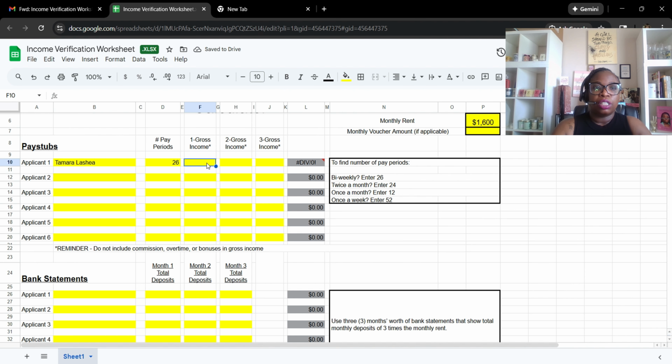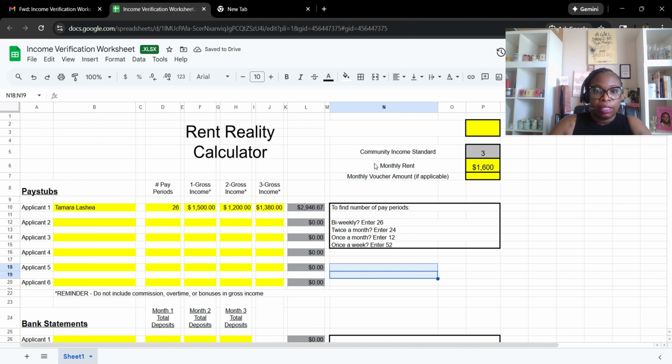Her first check is going to be $1,500. The next check's going to be $1,200, and remember, this is for the 2-week pay period. Then her next check may be $1,380. The monthly rent's $1,600 a month.